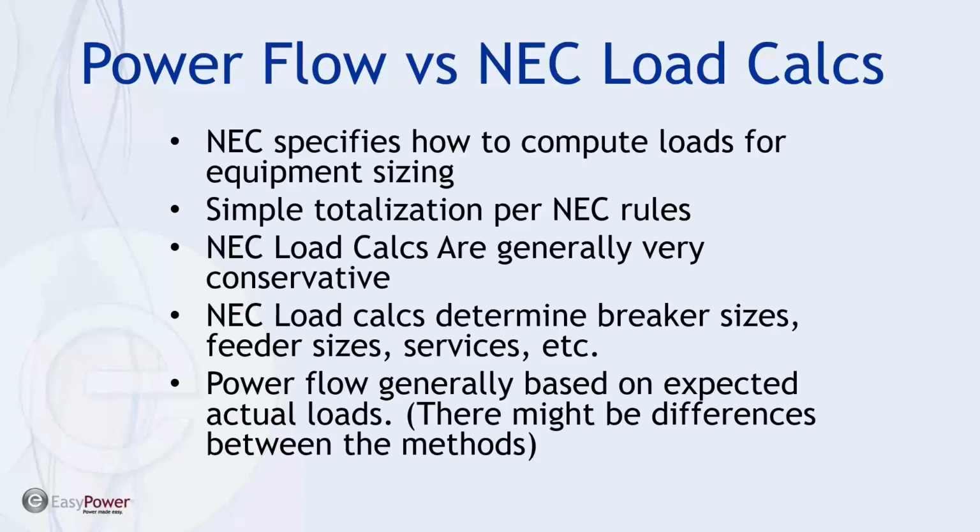So you'll see utility companies put in transformer substations that are sometimes 50% of what the total load calculation estimate was, based upon the type of industry that the utility is serving. But the NEC loads determine breaker size, feeder size, and short circuit calculations. Power flow is generally based on actual loads, and that's why there may be a difference between some of these guides that you have available to you.